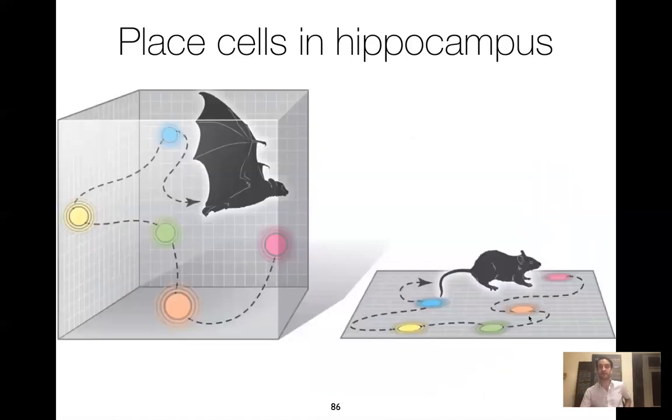While rats, because they're primarily dealing with flat environments, have place cells that land on a 2D map, the bats, as they're flying around, their place cells, which are operating in the same function, fire whenever the bat is in a particular location, but it's a location in a 3-dimensional type space. So you can see that as the evolutionary demands and the navigational demands of the animal change, the place cell system in the hippocampus will change accordingly, okay?